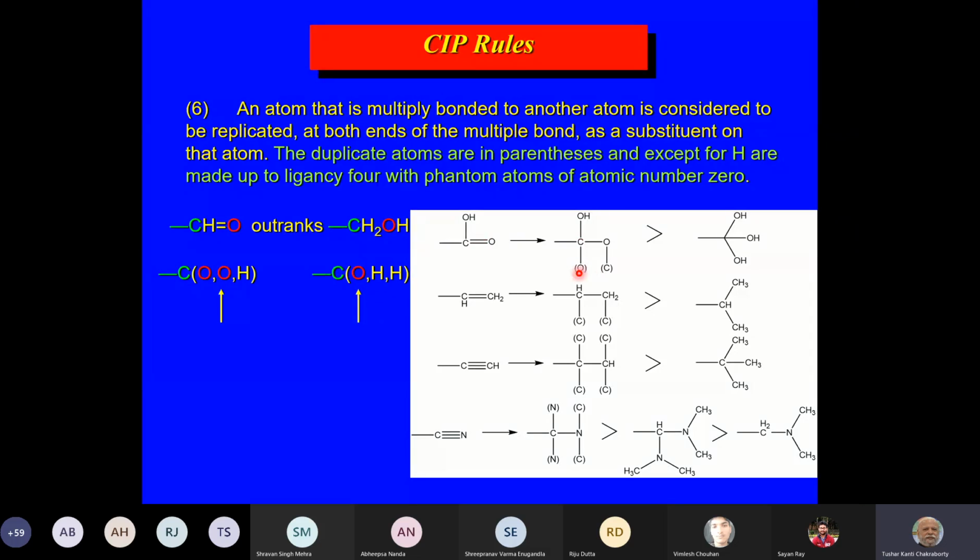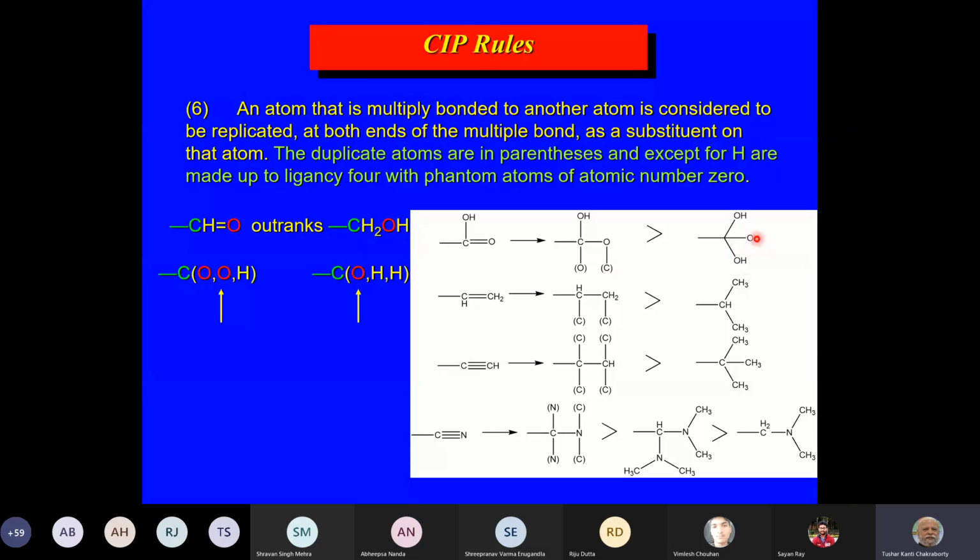We have kept it in parentheses because it shows that it's kind of a phantom atom. And then this oxygen, which was double bonded to carbon, has one bond already there, C to oxygen. But since it is double bonded, I have put another carbon here.